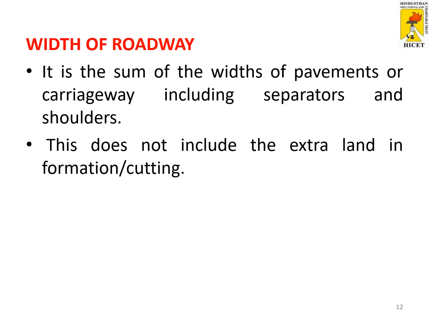Width of roadway. The width of roadway is the summation of the width of pavement or carriageway, including separators and shoulder. This does not include the extra land in the formation or cutting that has to be built at the edges of the pavement.